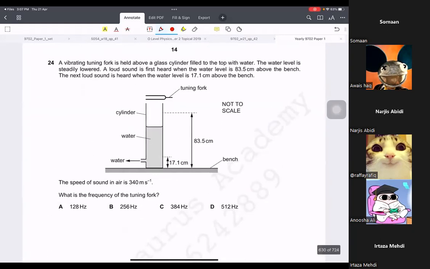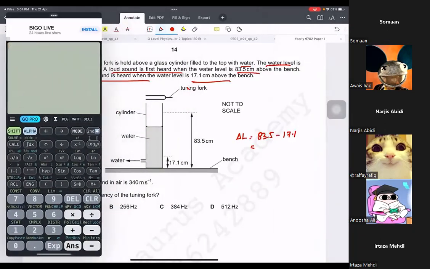Then this one, the speed of sound. What is this? Okay, so gas. Okay, very easy. So first of all, we're going to take the change in length, 66.4. And then the first loud sound means antinode, and antinode to antinode is equivalent to half lambda.